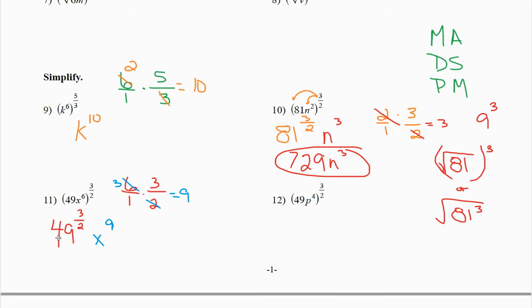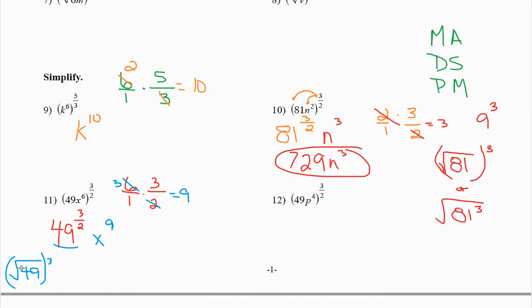Now, let's focus on 49 to the 3 halves. This can be written as the square root of 49 to the 3rd power. I know what the square root of 49 is.